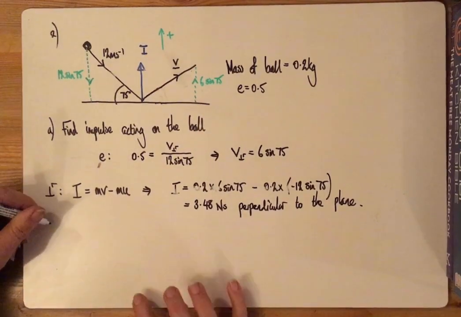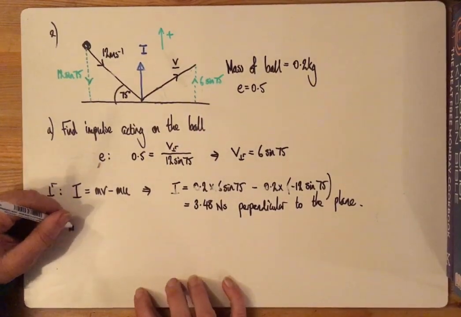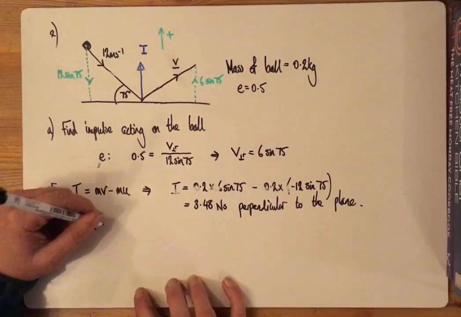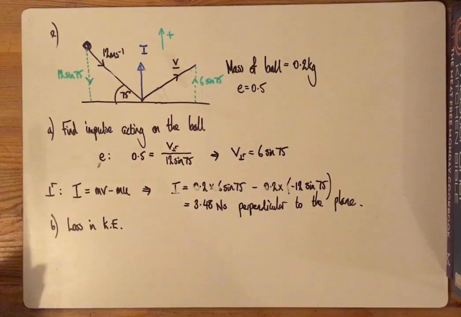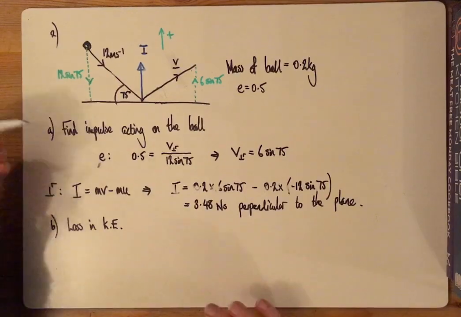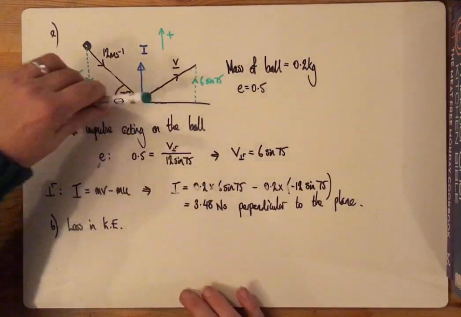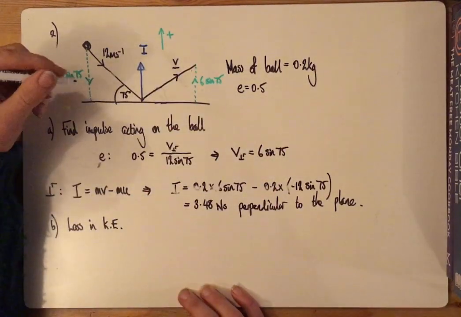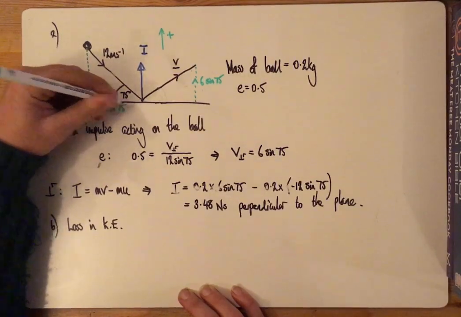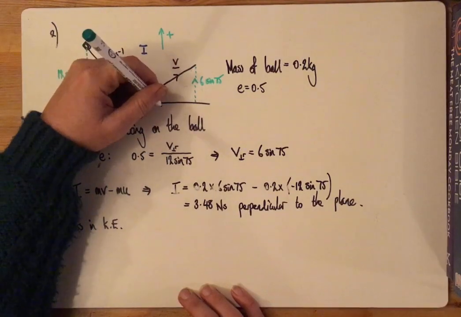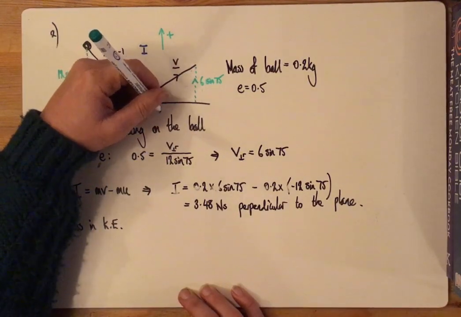And then the second part to this question was finding the loss in kinetic energy, which is probably an easier bit really. Just the only thing to think about through here, so parallel to the plane, we've got 12 cos 75. And then this doesn't change through here, so this is also 12 cos 75.